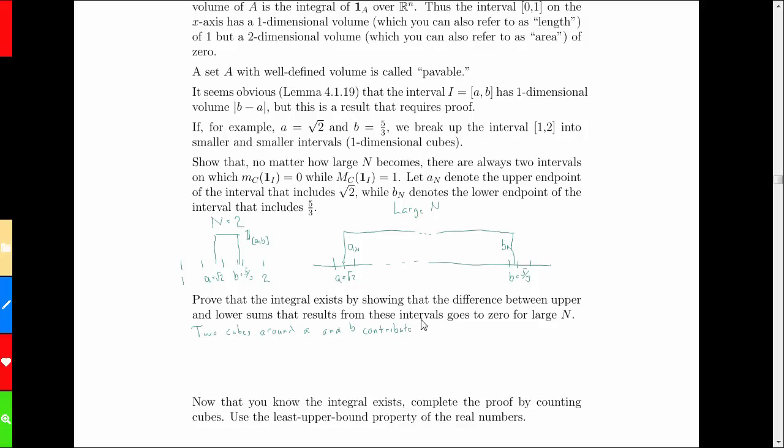Those two cubes contribute 2 over 2 to the n to the upper sum, but they contribute nothing to the lower sum. So, the difference between the upper sum and the lower sum is 2 over 2 to the n. That approaches 0 as n approaches infinity.